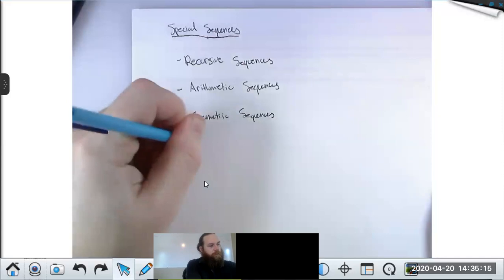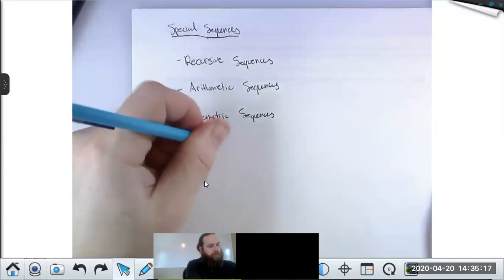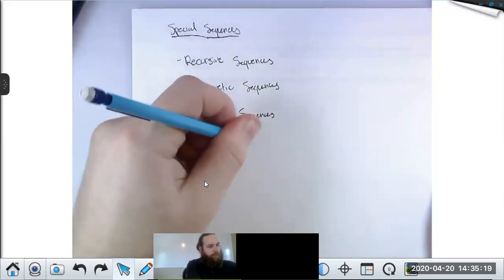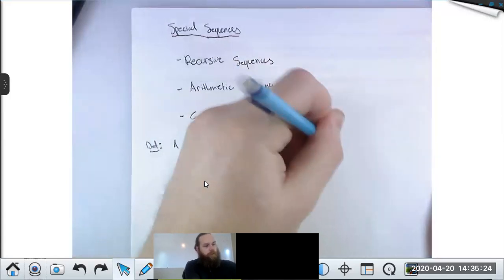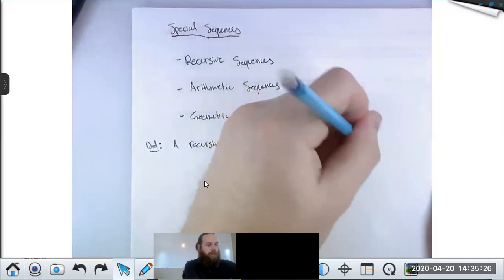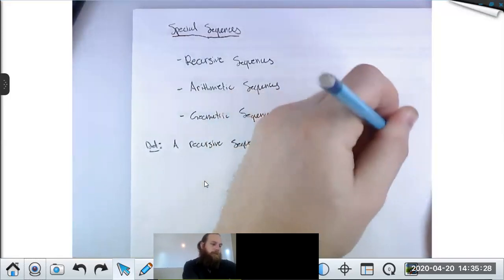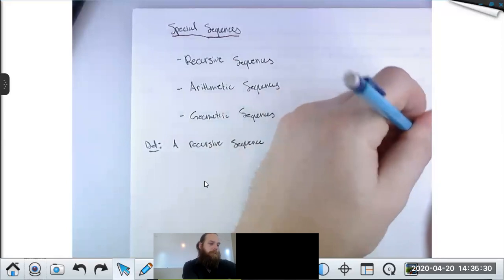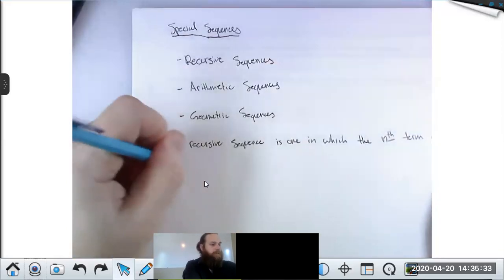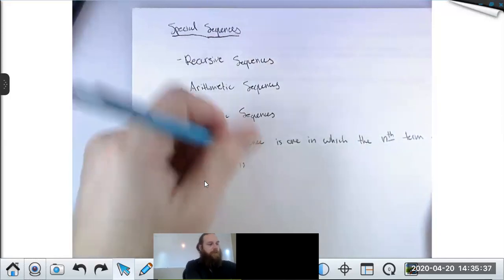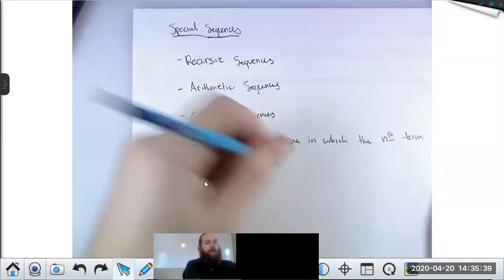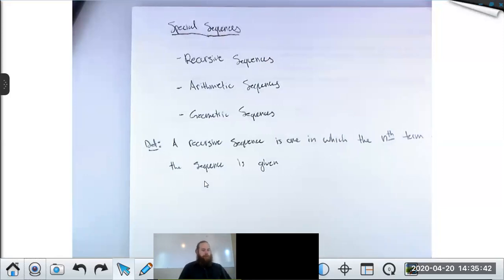A recursive sequence is one in which the nth term of the sequence is given not explicitly with a formula, but in terms of the previous terms of the sequence.